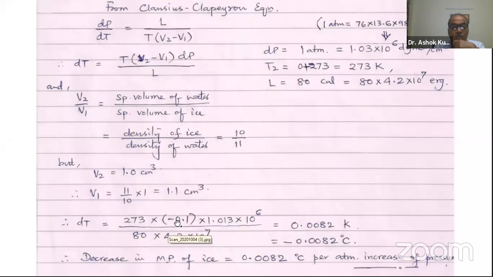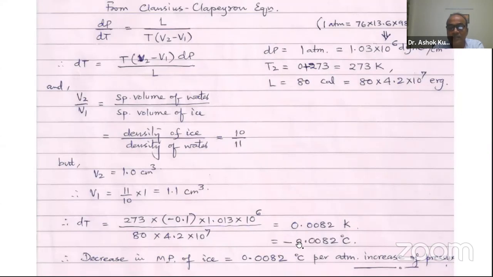So dT is 273 into minus 0.1 into 1.013 into 10 to the power 6, divided by these quantities, which after solving we get 0.0082 Kelvin, or minus 0.0082, it is minus here also, just a mistake, I could not write it here.